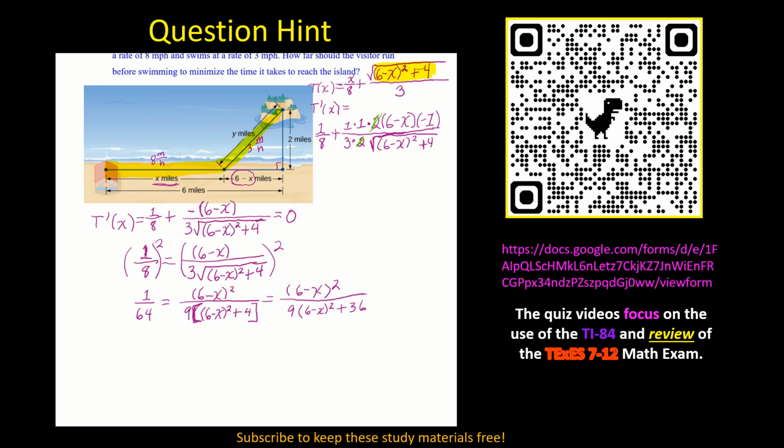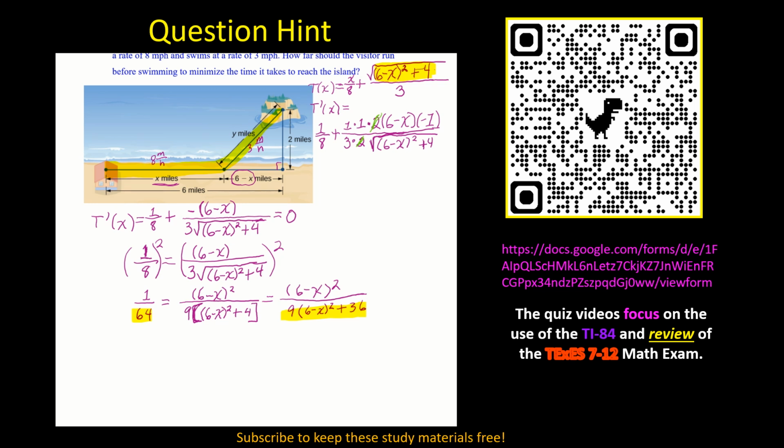Now let's look at this. We can multiply both sides by this denominator term here, and then we can multiply both sides by this 64. Let's clean this up.